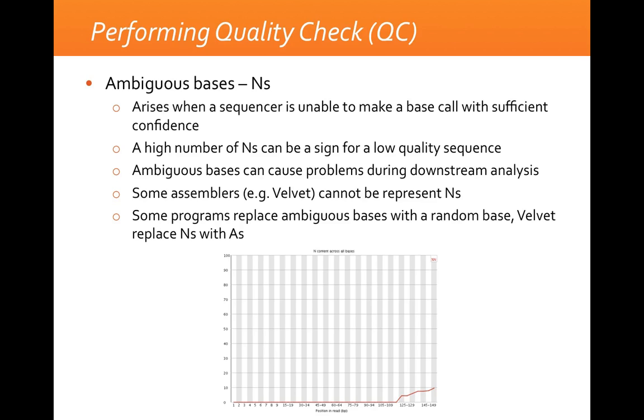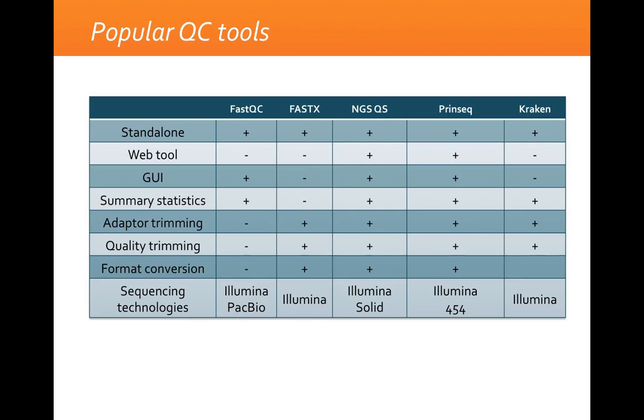The level of unknown bases can also be visualized, and so on. I've just listed a couple of popular quality control tools that are used in this course. You will work with a tool called FastQC, which has a web graphical user interface, and it can take both Illumina and PacBio sequencing technologies as an input.